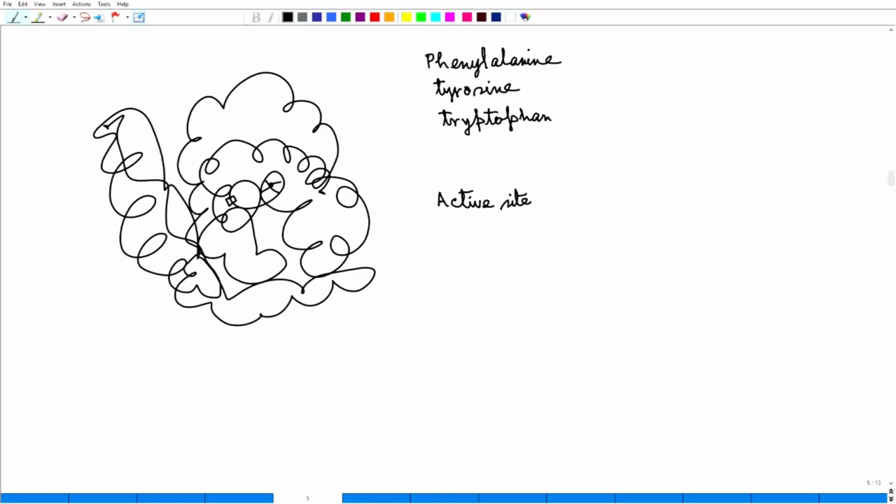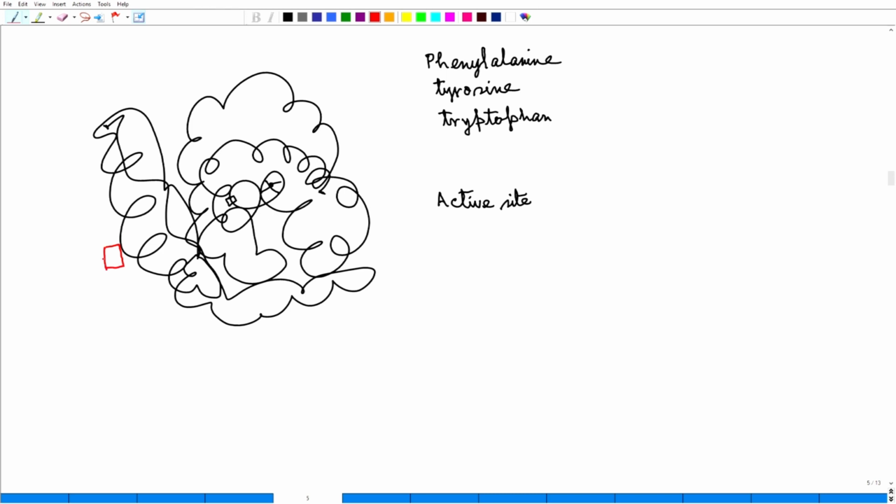So, what I do here? I put a metal ion, I put another synthesized fluorophore here. Maybe I will put a different color, red color. This is my synthesized fluorophore.